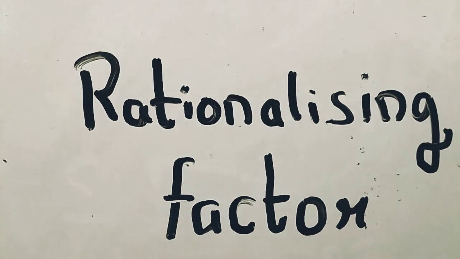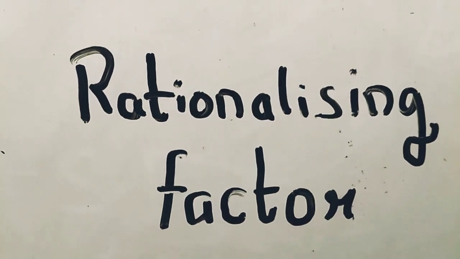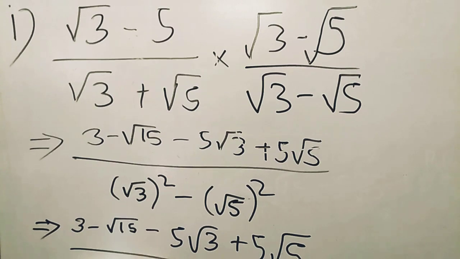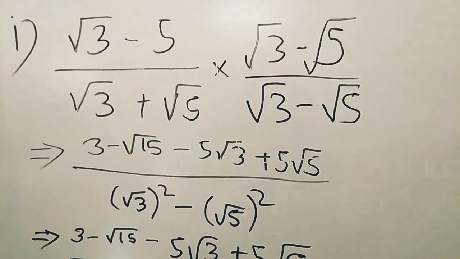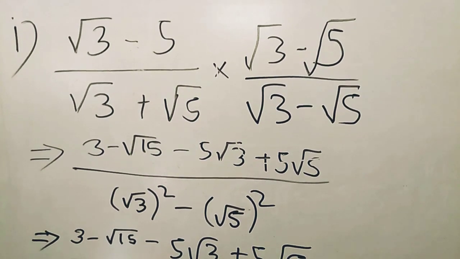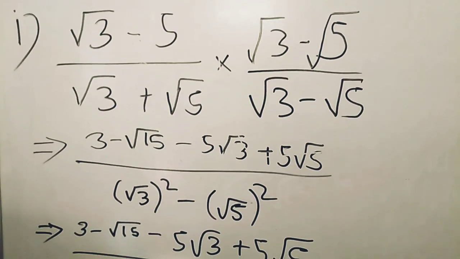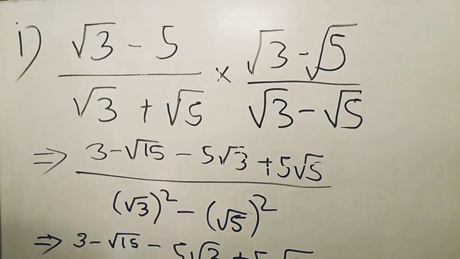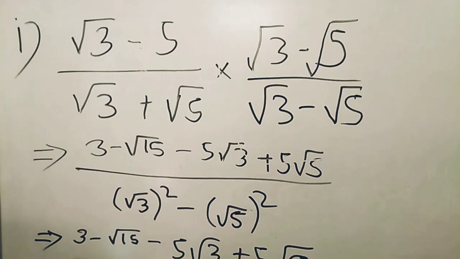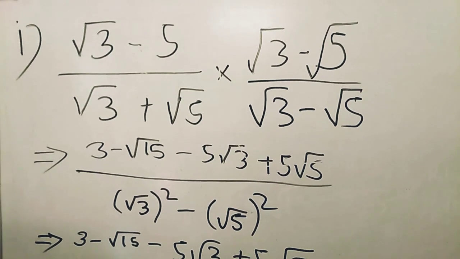Now I am going to teach you the rationalizing factor. Let us take the following example which we had taken earlier. Can you now tell me the rationalizing factor of root 3 minus 5 upon root 3 plus 5? Basically, the rationalizing factor is the number with which, if we multiply, our denominator becomes a rational number.